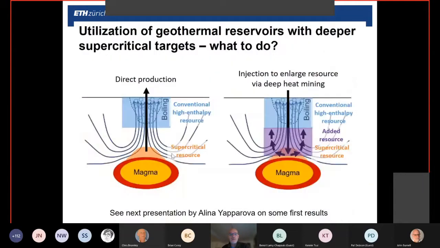If you inject cold water here, you may actually depress the superhot isotherms pretty rapidly. Is that a good idea? We don't know. Direct production might have the same effect by dragging in cooler water from the side, bringing it down. So we now need to model how to utilize it. How would we disturb the system if we put a well in that? And Alina will give you some very first results on that in the next presentation.